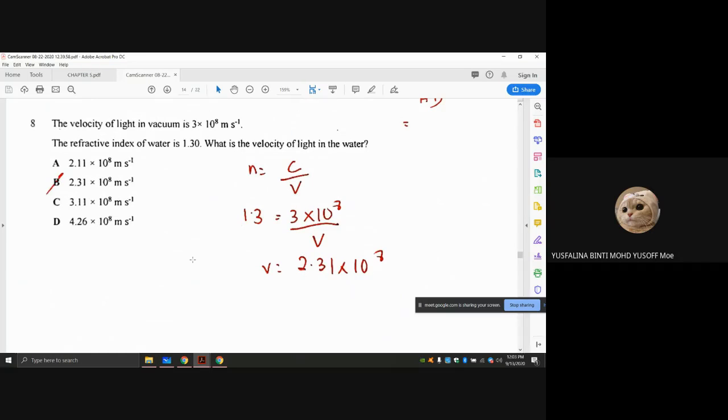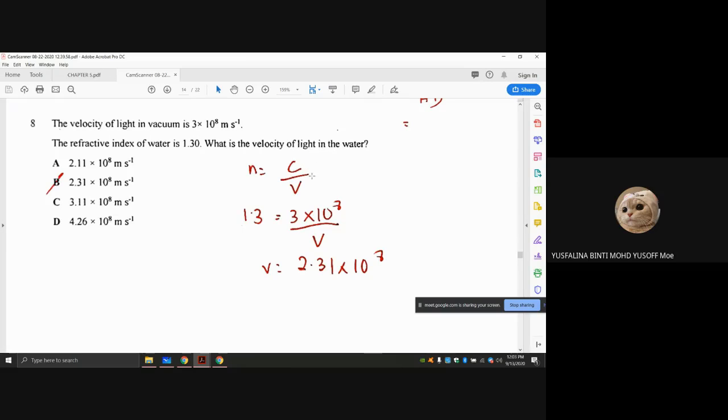Question number 8. The velocity of light in vacuum is 3 times 10 to the power of 8, and the refractive index of water is 1.3. What is the velocity of light in the water? They give you the velocity of light in a vacuum, so we use n equals c over v. c is already given to you: the velocity of light in vacuum is 3 times 10 to the power of 8.